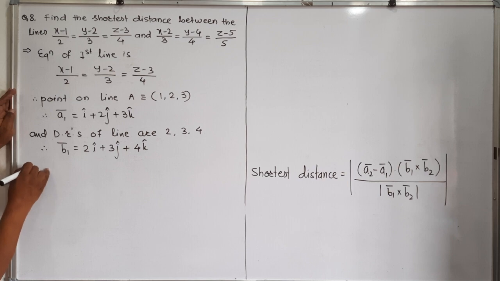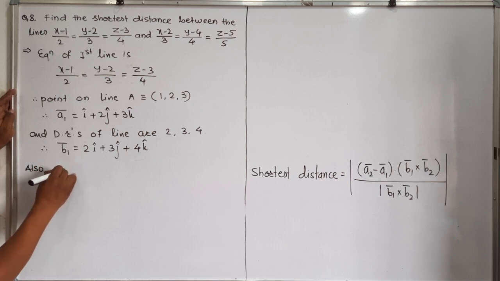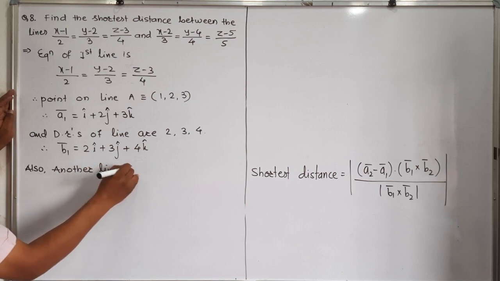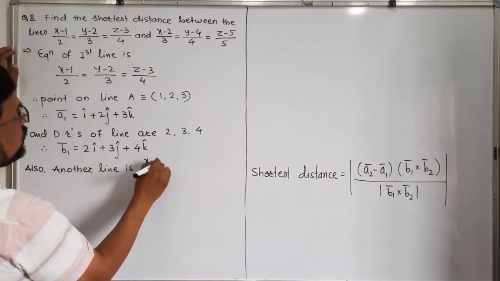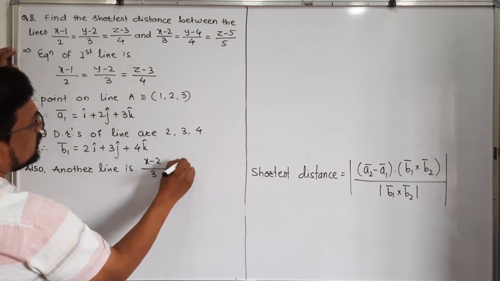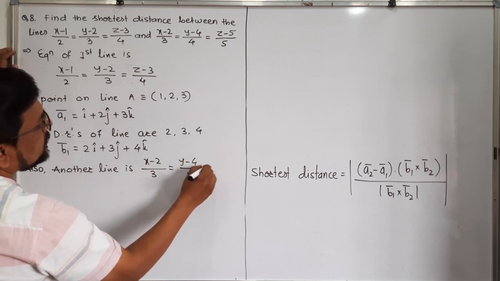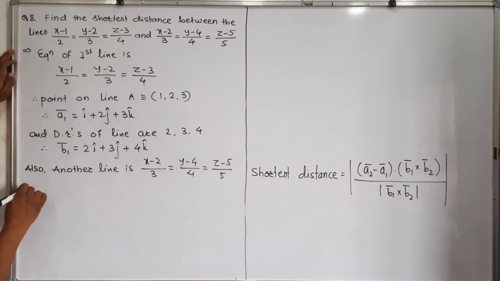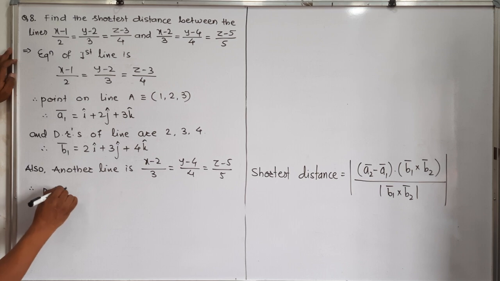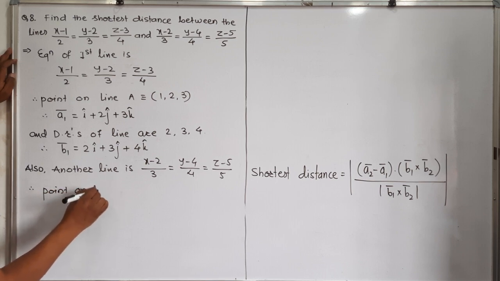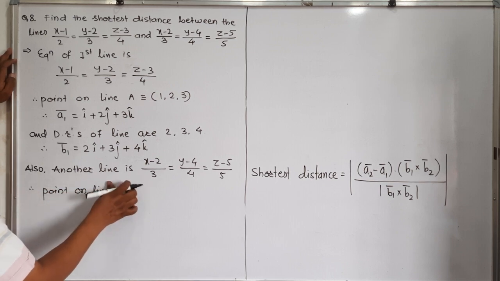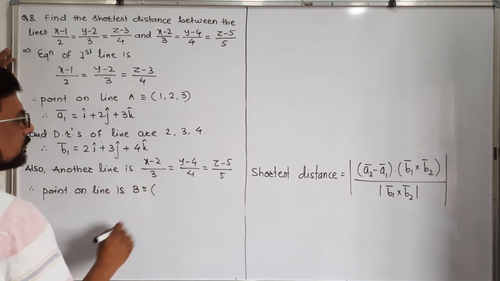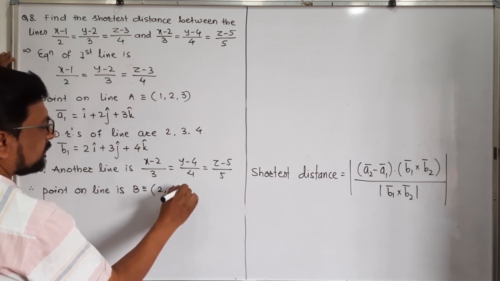Also, another line is x minus 2 upon 3 is equal to y minus 4 upon 4 is equal to z minus 5 upon 5. Therefore, we can say that the point on the line is B with coordinates 2, 4, 5.